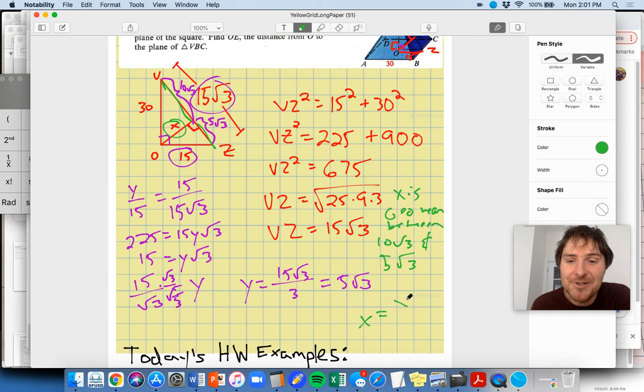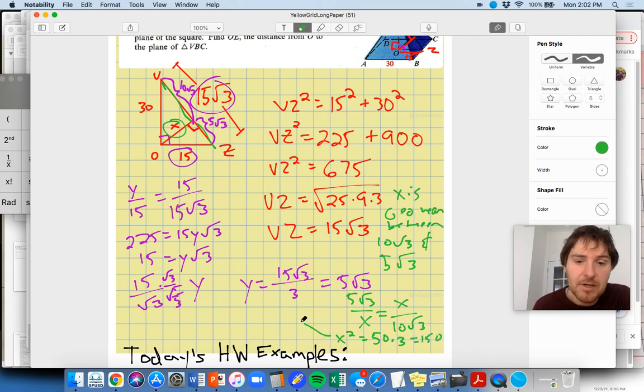X is the geometric mean between 5 root 3 and 10 root 3. X squared equals 50 times 3, right? Because root 3 times root 3 is 3. 5 times 10 is 50, equals 150. Let's bring this over here. X squared equals 150, so that means the square root of x squared equals the square root of 150.